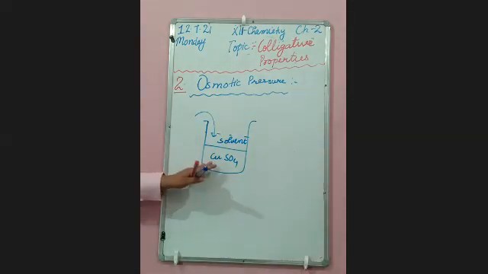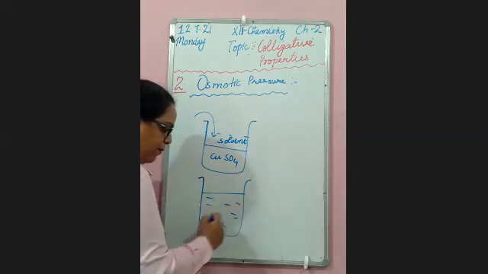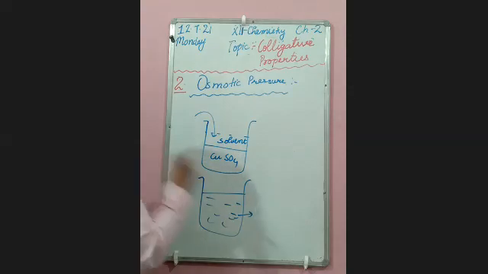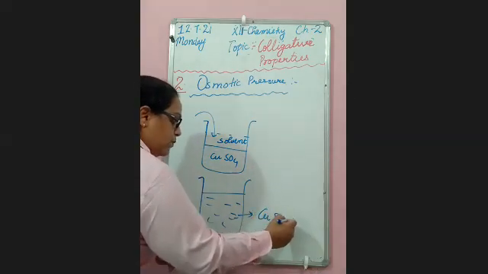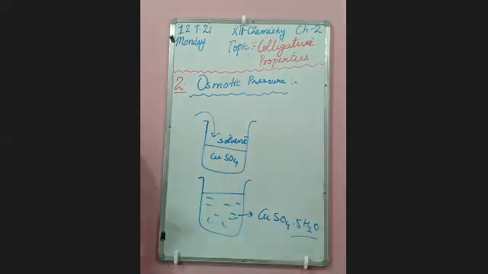But when you leave this solution for some time, you will see a solution that is uniformly blue in color. A homogeneous solution, blue in color. Copper sulfate pentahydrate solution will form. Its color is uniform. So what will happen? Here, the particles of solute and solvent are mixed to each other.